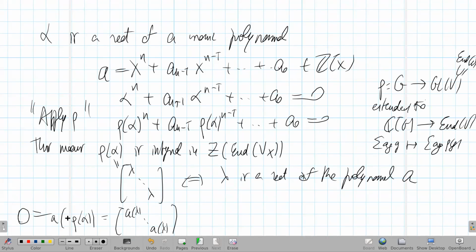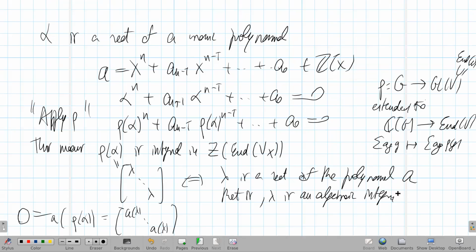So to say that rho alpha is a root of the polynomial A means that lambda is a root of the polynomial A. That is, lambda is an algebraic integer, because an algebraic integer is nothing else than a complex number which is integral, a root of a monic polynomial with integer coefficients.